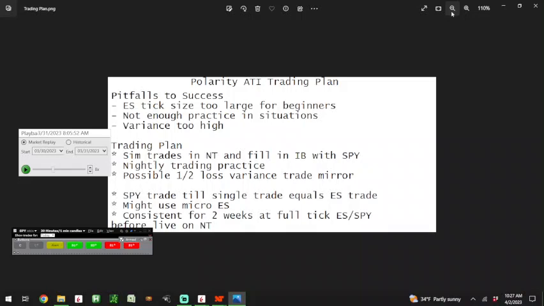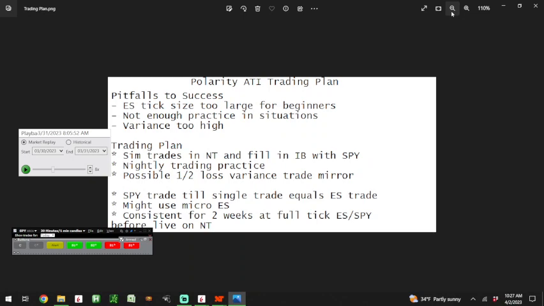One of the good things about NinjaTrader is that there's a playback function and it's tick by tick. Other platforms, such as TD Ameritrade's thinkorswim, have a playback, but unfortunately it's not tick by tick. I think it's a 15 tick jump.